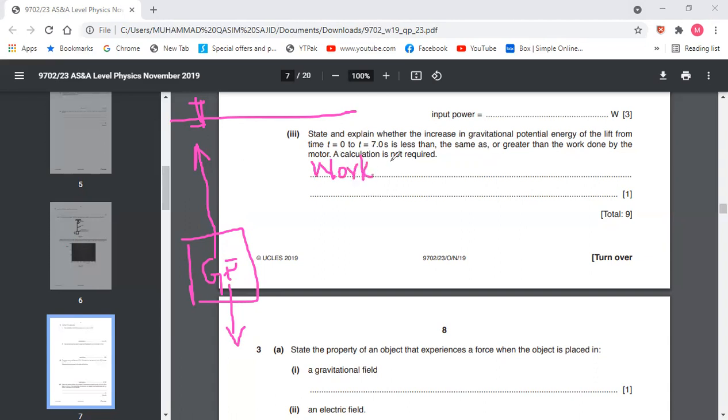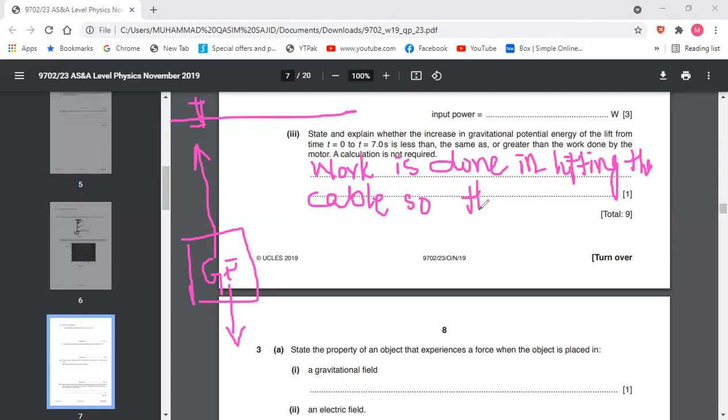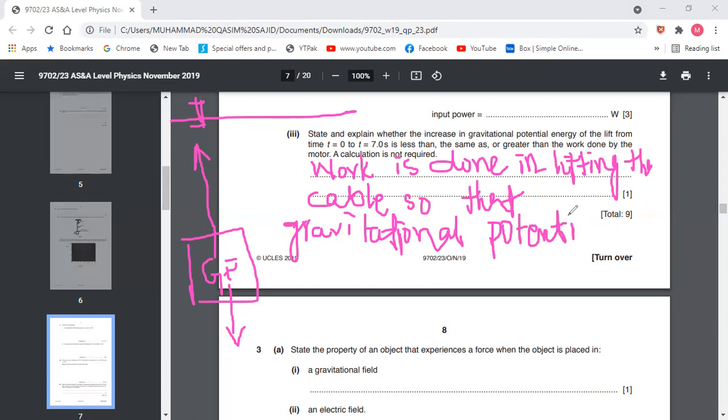Work is done in lifting the cable so that gravitational potential is always less.